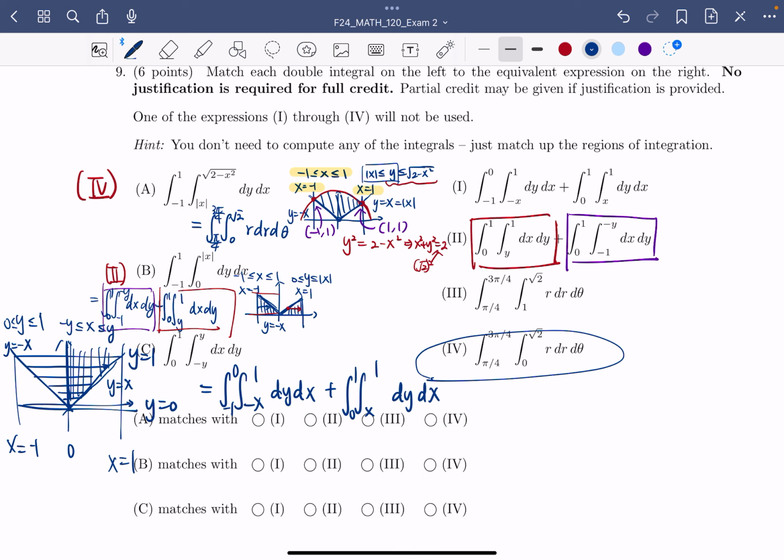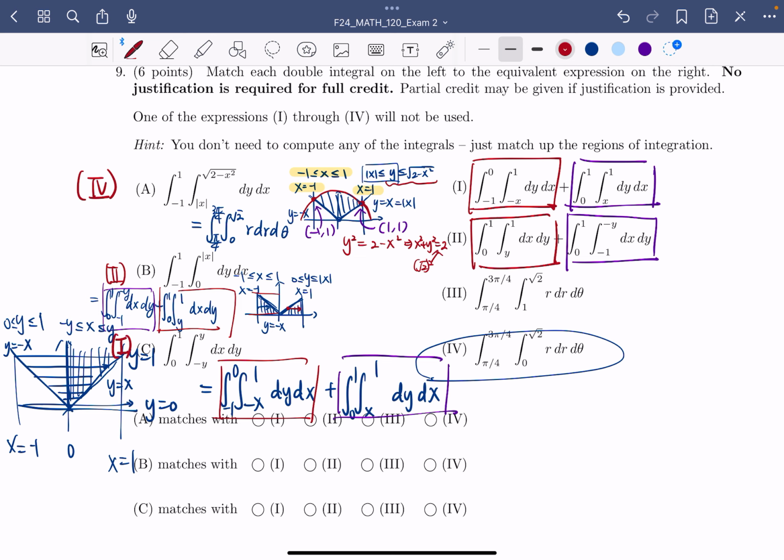Okay, so this integral matches with this, and this part also matches with the second part. So the equivalent expression for number C is number 1.